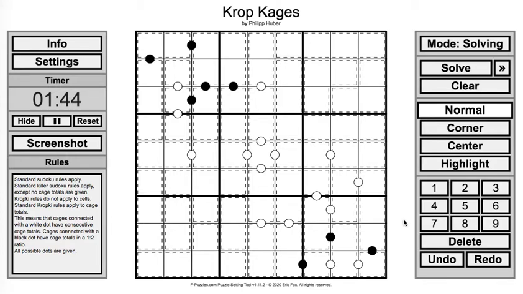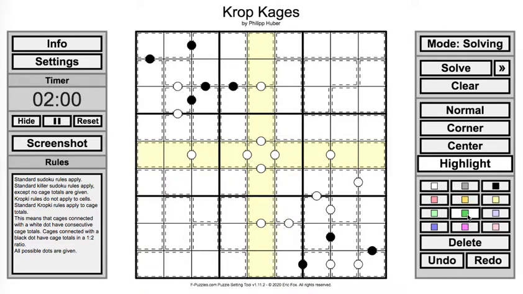Obviously, one thing we can see from the get-go is that we have this cross in the middle that is all connected by consecutive white dots, and I'm going to color this green. We can also see that there are no dots between this cross and any other cage.